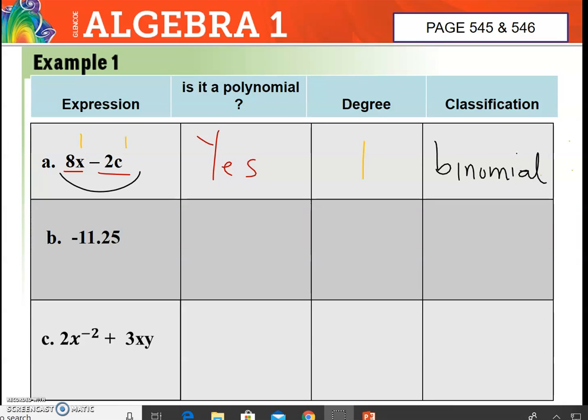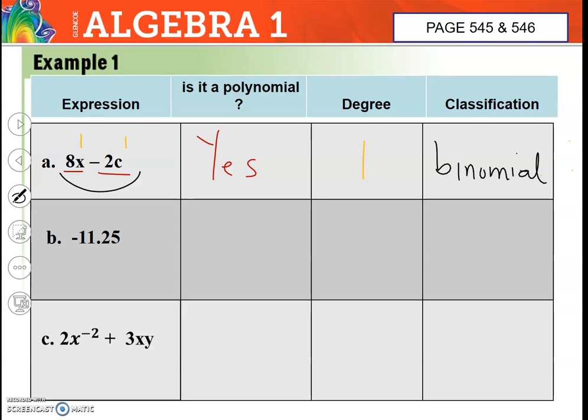Now B, negative 11.25. Negative 11.25 is a constant, and from our vocabulary, a constant is also a polynomial, so we say yes.